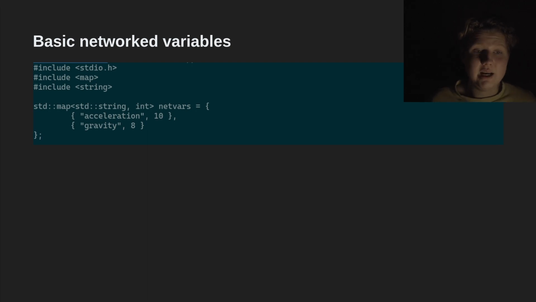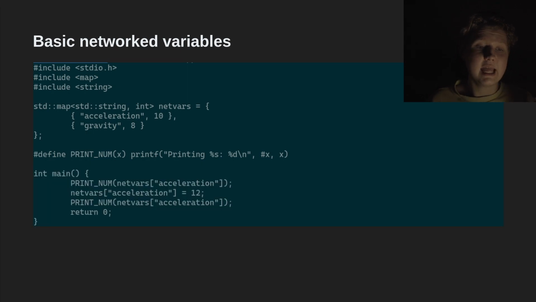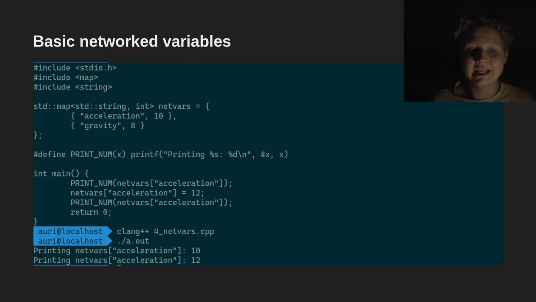It has acceleration and it has gravity. They have some values set. We have our good old print num macro, and then we use it. We first print num the acceleration netvar, then we change the netvar to have the value of 12, and then we print it again. I won't show pre-processing, you just run it and you get what you expect.